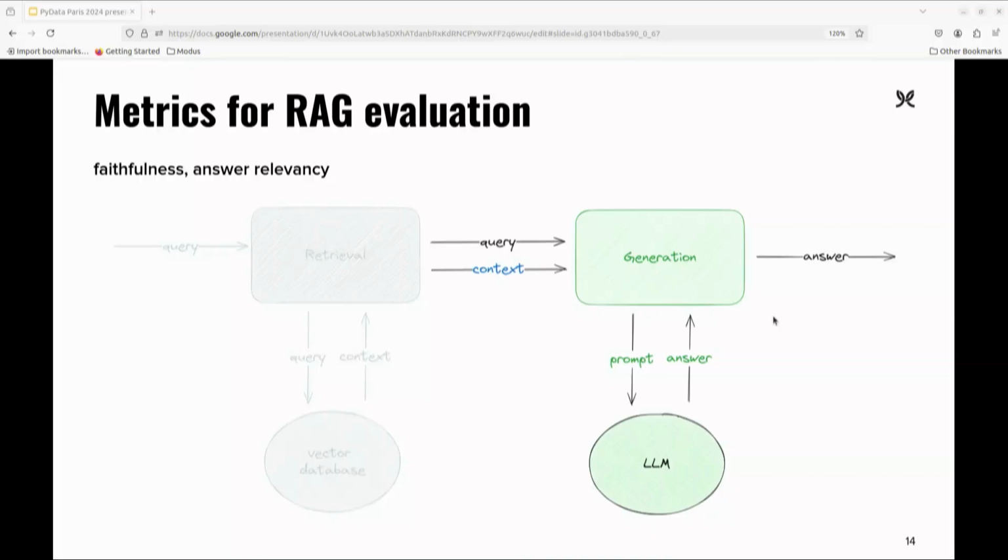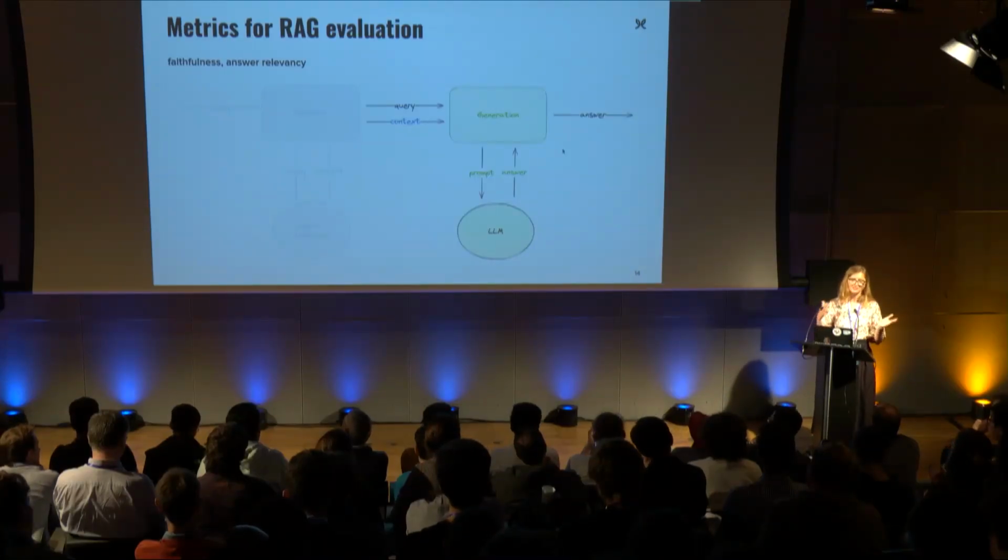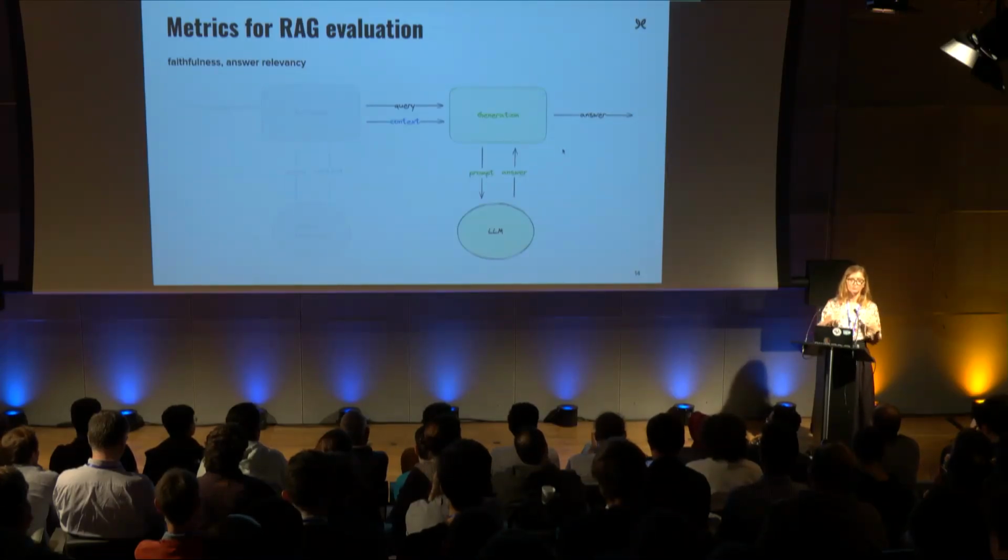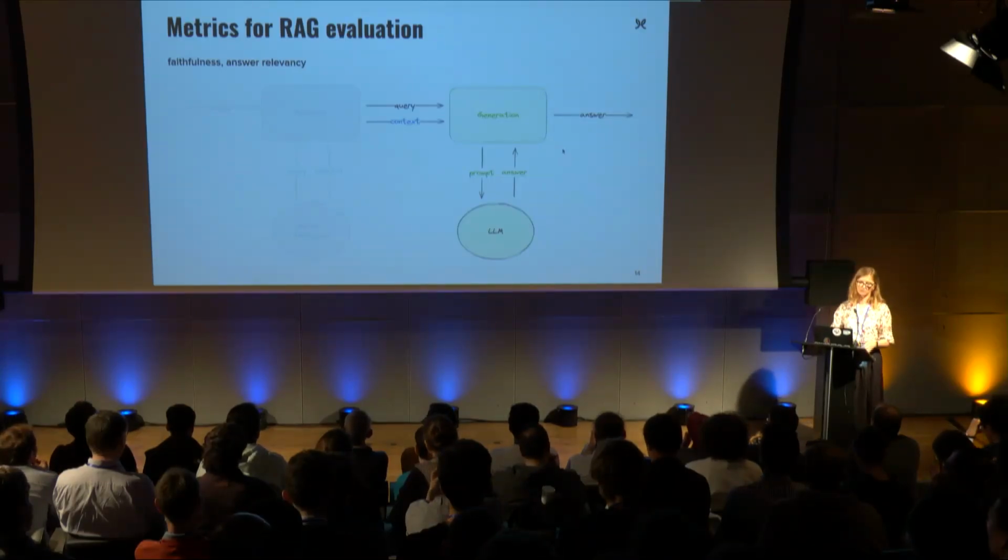The second set of metrics is the metrics for the generation part. In that aspect, we have, for example, answer relevancy and faithfulness. Answer relevancy measures if the generated answer actually answers the question. The lower score is for an answer that is incomplete or contains redundant information, and the higher score is for an answer that, as I said, is more relevant.